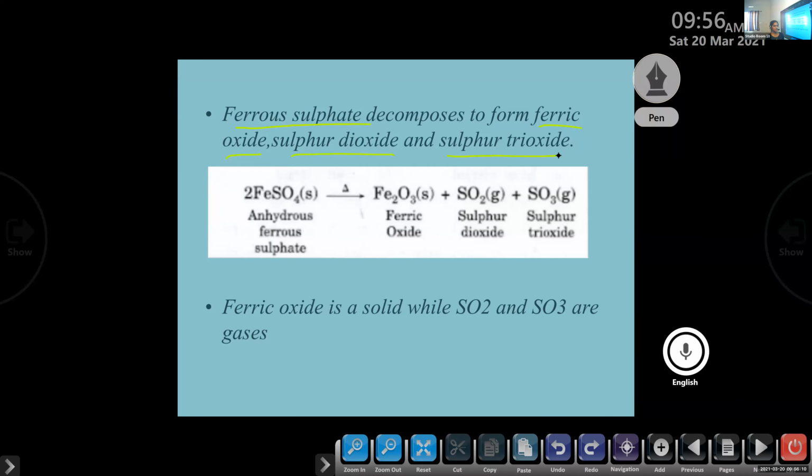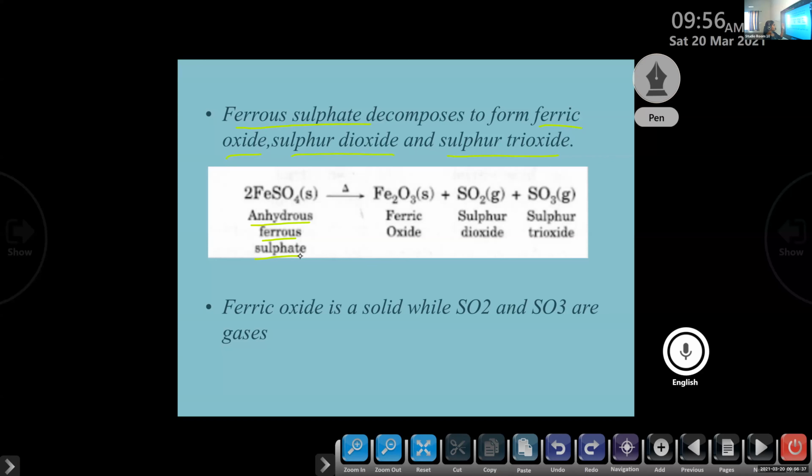In the initial stage, just water molecules are removed from this compound. After that, we have anhydrous ferrous sulfate. Due to the absence of water, it is known as anhydrous. Hydra means water, so anhydrous means absence of water.